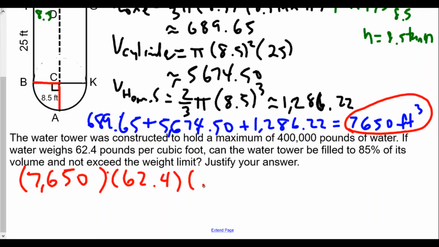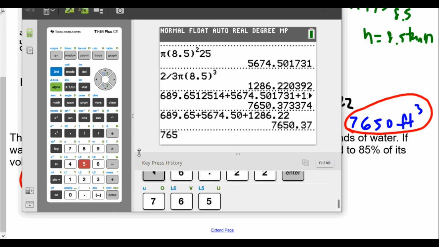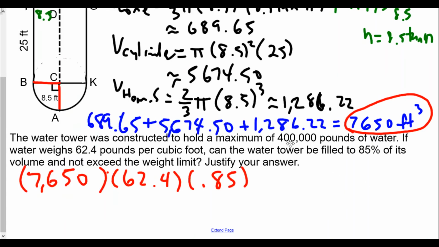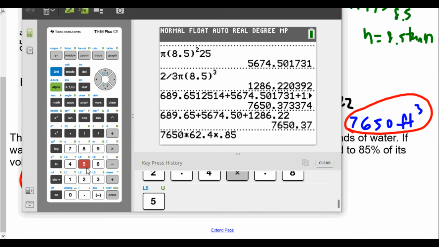We're not looking for the total weight, but only 85%, and we want to see whether that works out. So 7,650 multiplied by 62.4, and then multiply that value by 0.85, which is 85%.